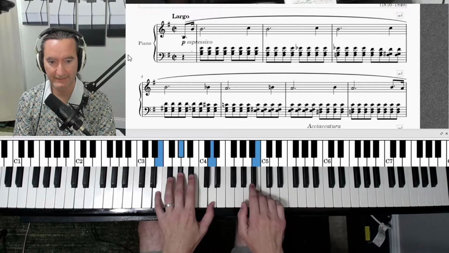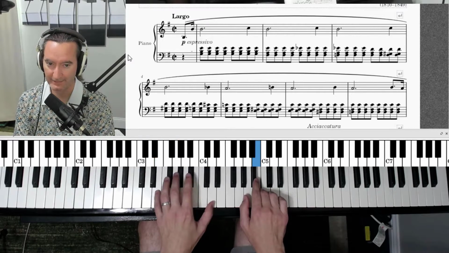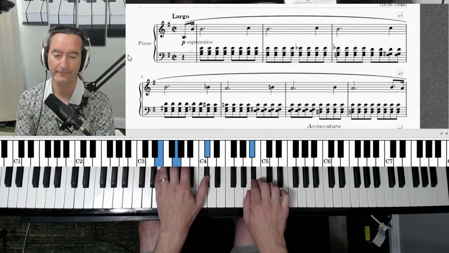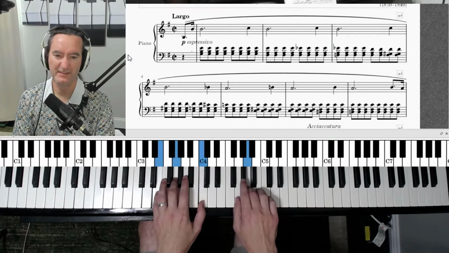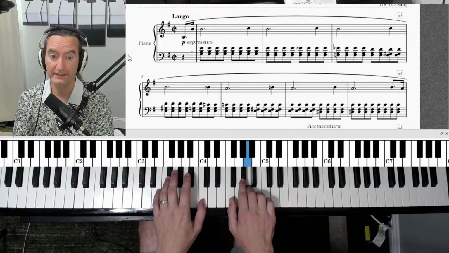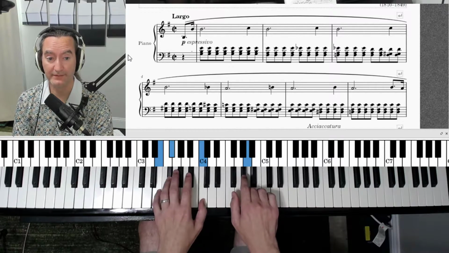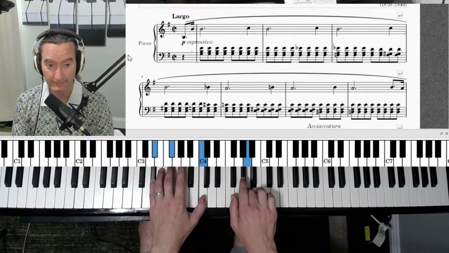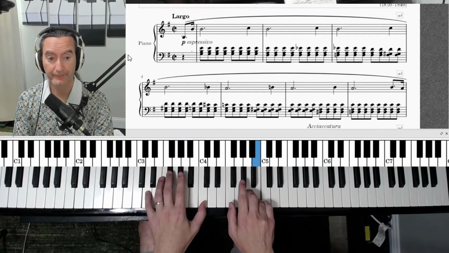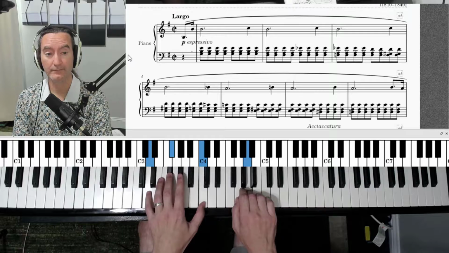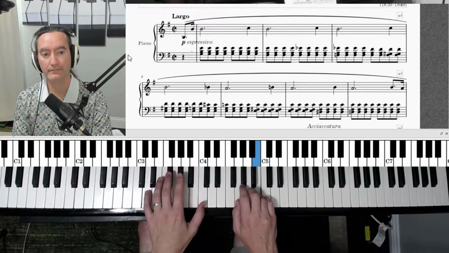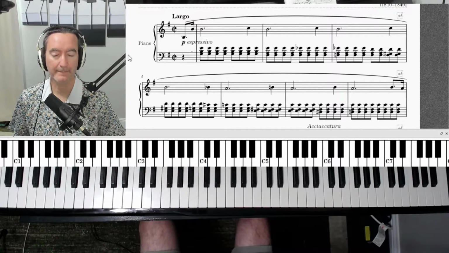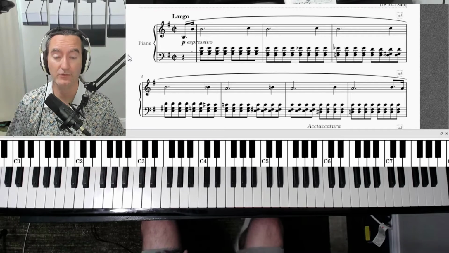Now look at the pattern of what the left hand is doing. Notice that most of the time, it's just one note moving down by half steps. Okay, I'm going to stop right there because I need to scroll it down.